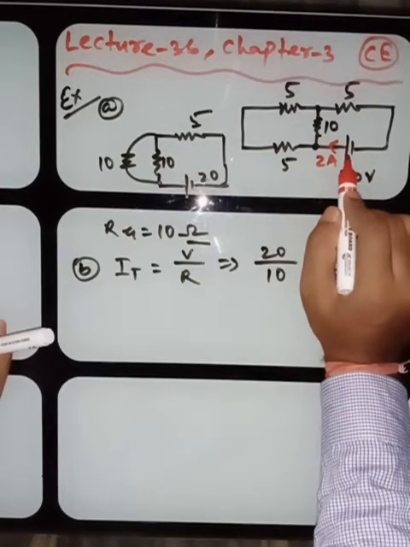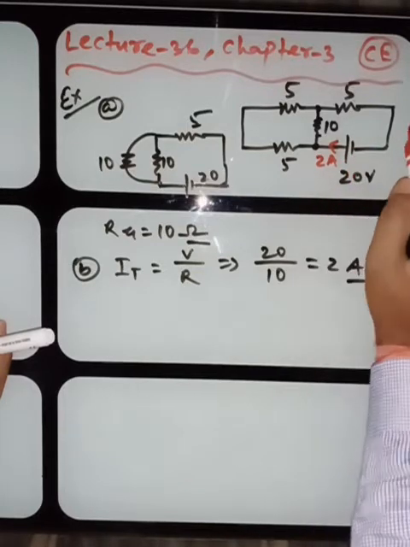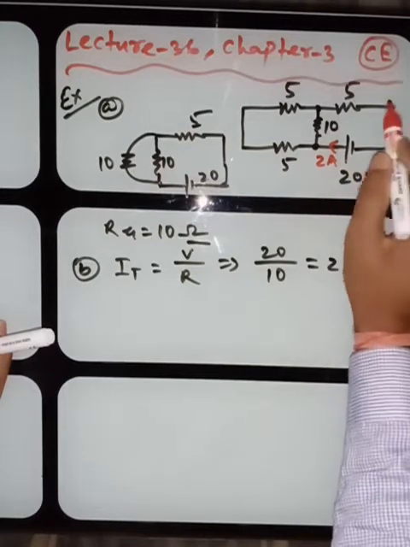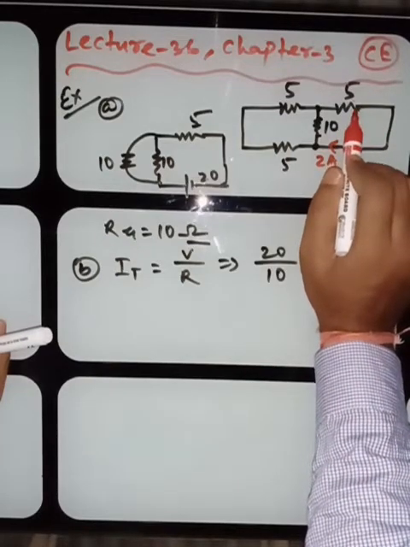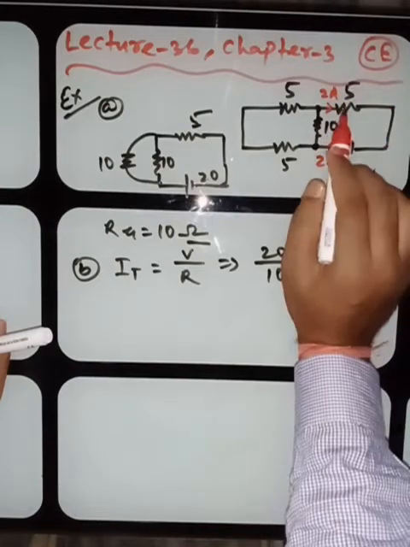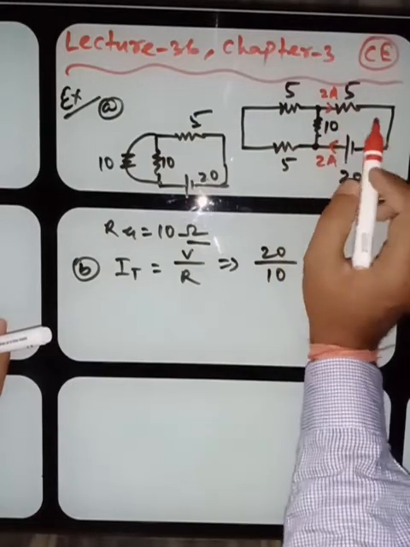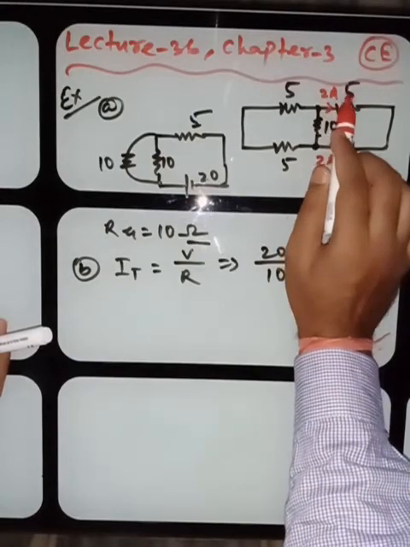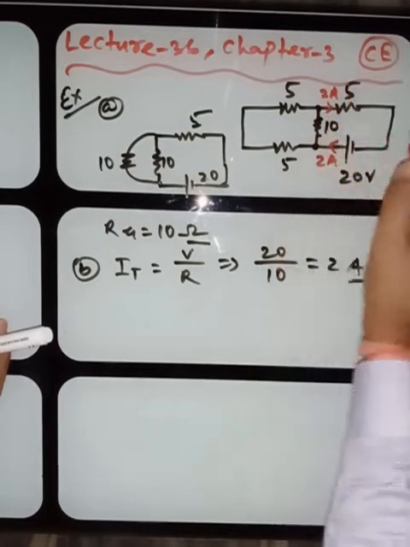So this cell gives 2 ampere and will receive 2 ampere, so this resistor will carry 2 ampere. If 2 ampere current is moving from here, what will be the voltage drop over here? The voltage drop will be V equals IR, 2 times 5, which is 10 volt.